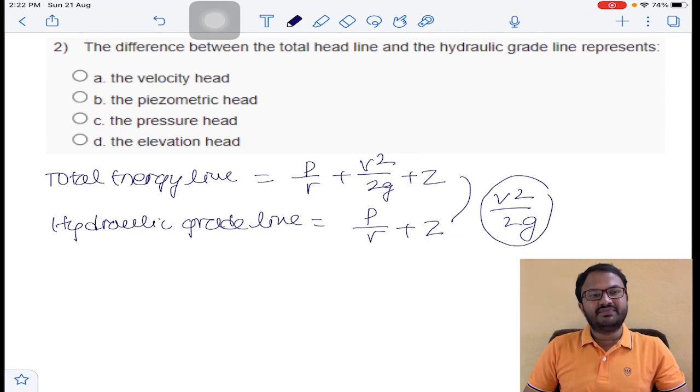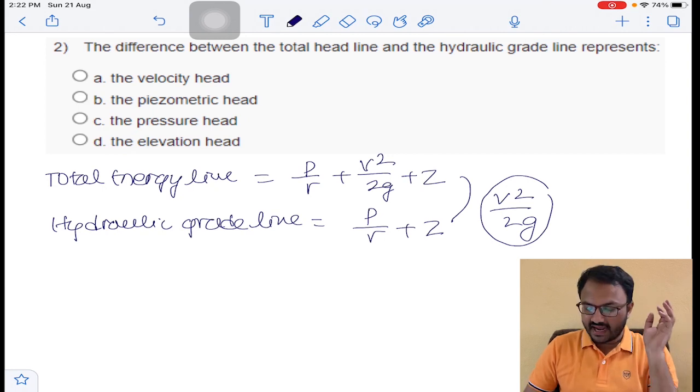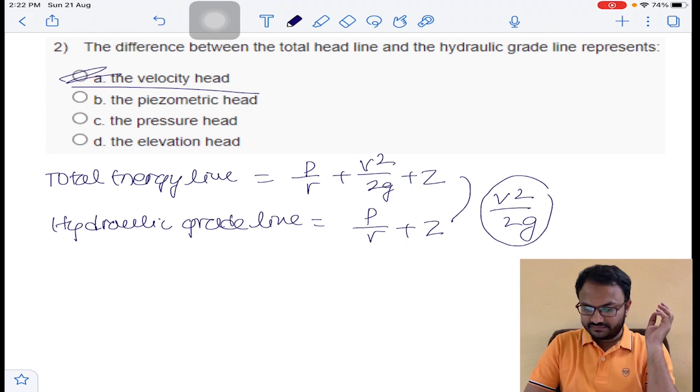So the difference between total energy line and hydraulic gradient line will represent the velocity head. So the answer A for question number 2.